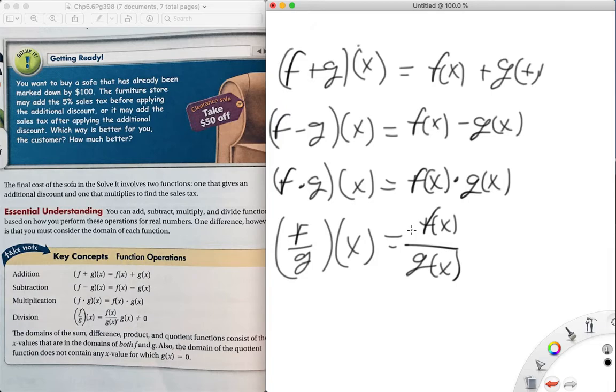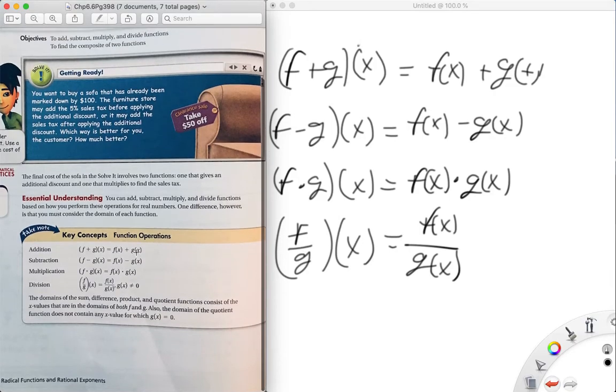We can add them, divide them, multiply them, subtract them, and do composites, and we'll do composites in a second.